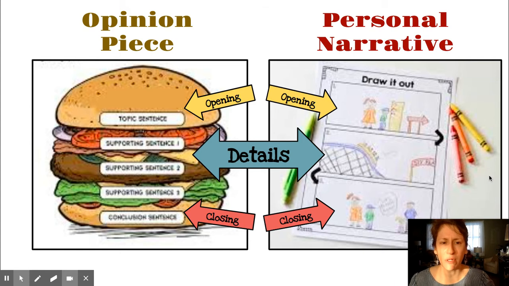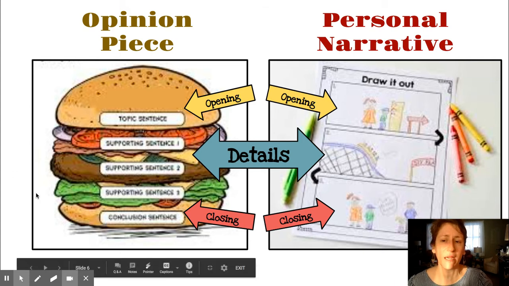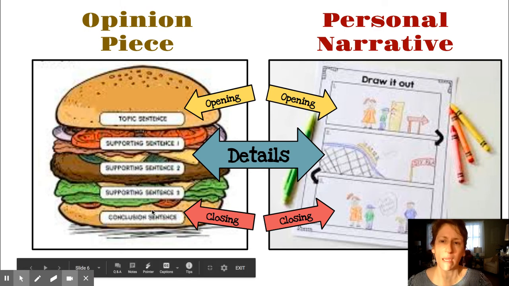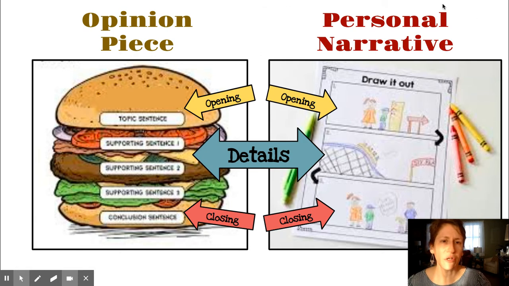Okay, so I just want to give you a little comparison. So here was your opinion piece hamburger that we learned about. We had our opening, we had our 3 supporting details, and we had our closing. Compare that to your personal narrative, which is where we're going. You have your opening, which we're going to call it a hook, and we're going to learn about that in just a second.